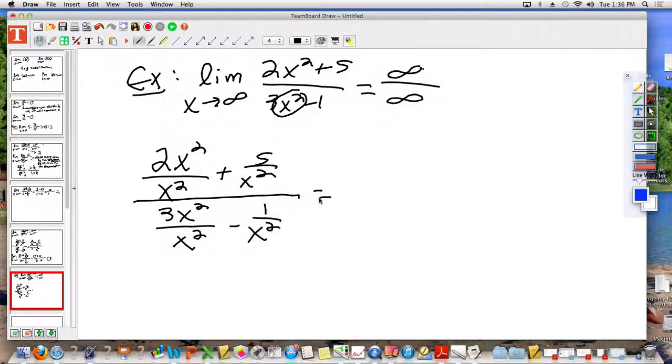And then I just have to simplify where I can. The x squareds are going to cancel out. These x squareds will cancel out. And that is going to leave you with 2 plus 5 over x squared divided by 3 minus 1 over x squared.